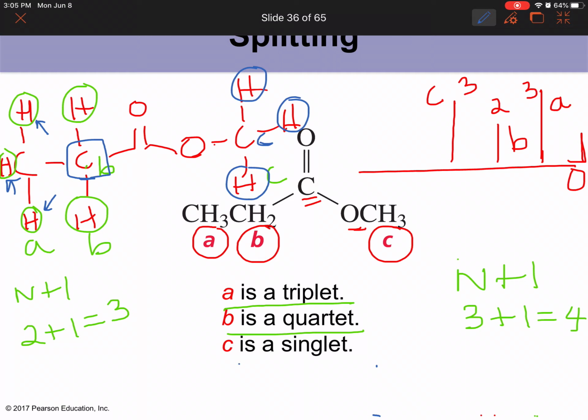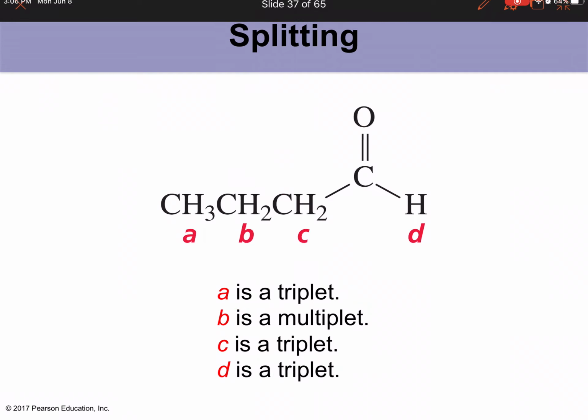So it's going to remain a singlet. Okay. That's how you observe the splitting patterns. Always it is splitting through a 3-bond coupling. Okay, I can explain it a little bit more about the 3-bond coupling.